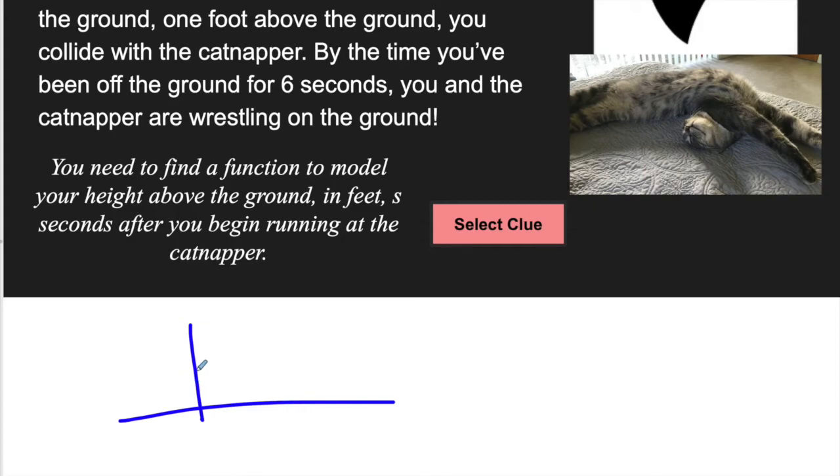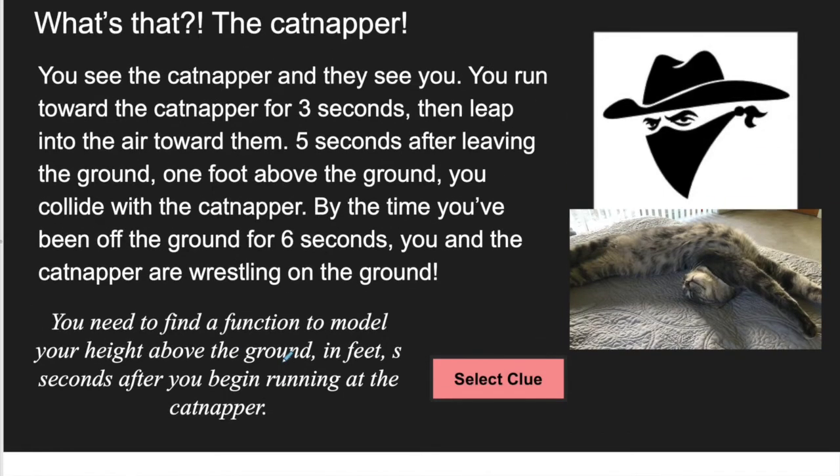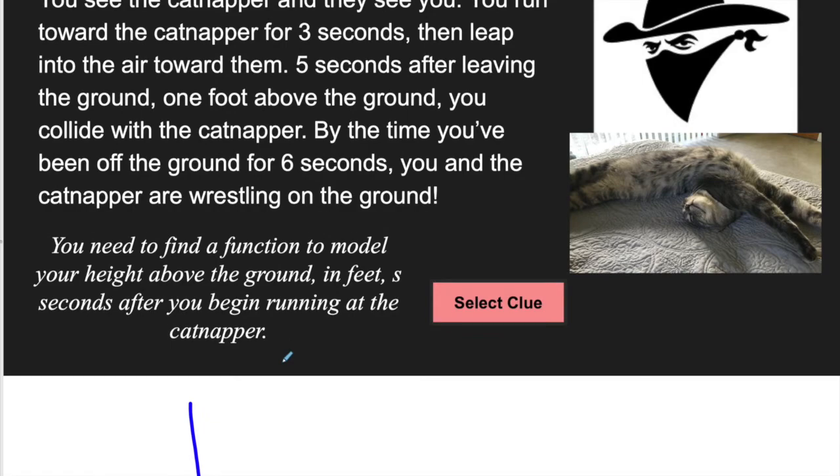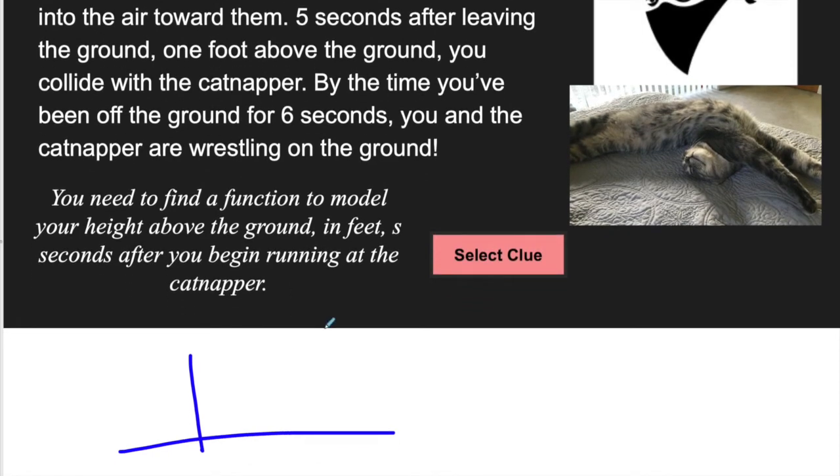So I got the cat. So where am I at right now? So I see the catnapper. Okay. So this is me. This is them. They see me. I see them, right? I run towards the catnapper. Or probably the catnapper's back here.